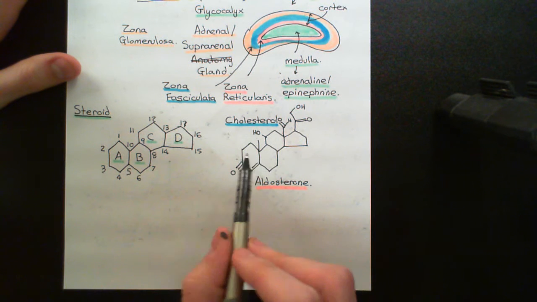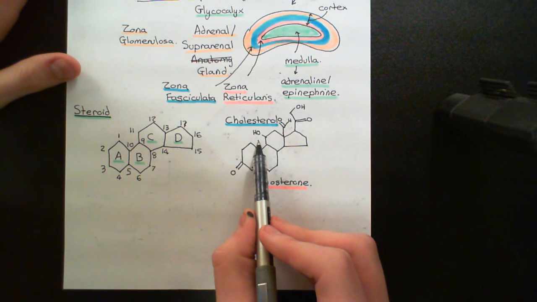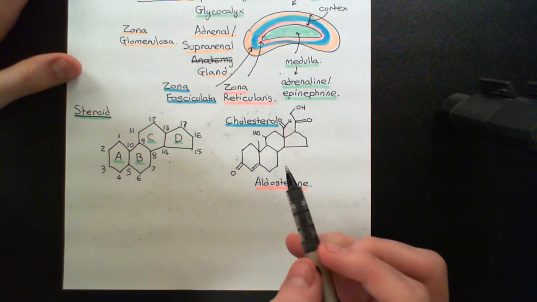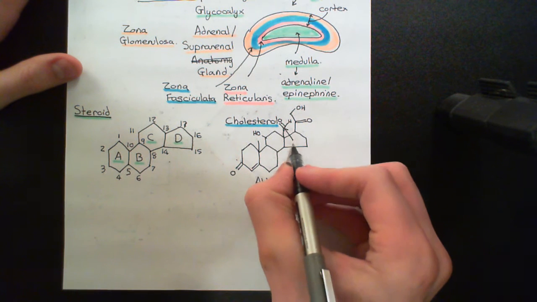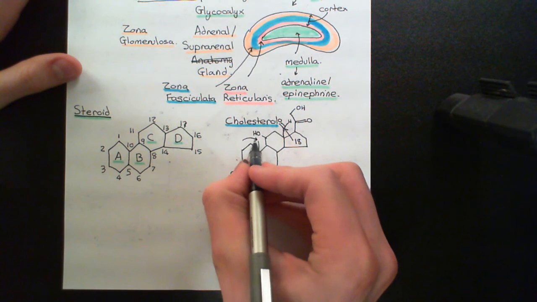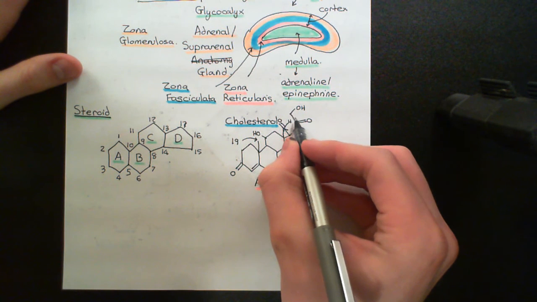The rings are still intact, so the numbers on the carbon rings remain intact. So we now just need to number up this carbon, this carbon, this carbon, and this carbon, the ones that we've added on. The way you do it is you go to this one firstly, and you call that number 18, so this one becomes number 18. This one here becomes number 19, and then you turn your attention to the side group of 17.